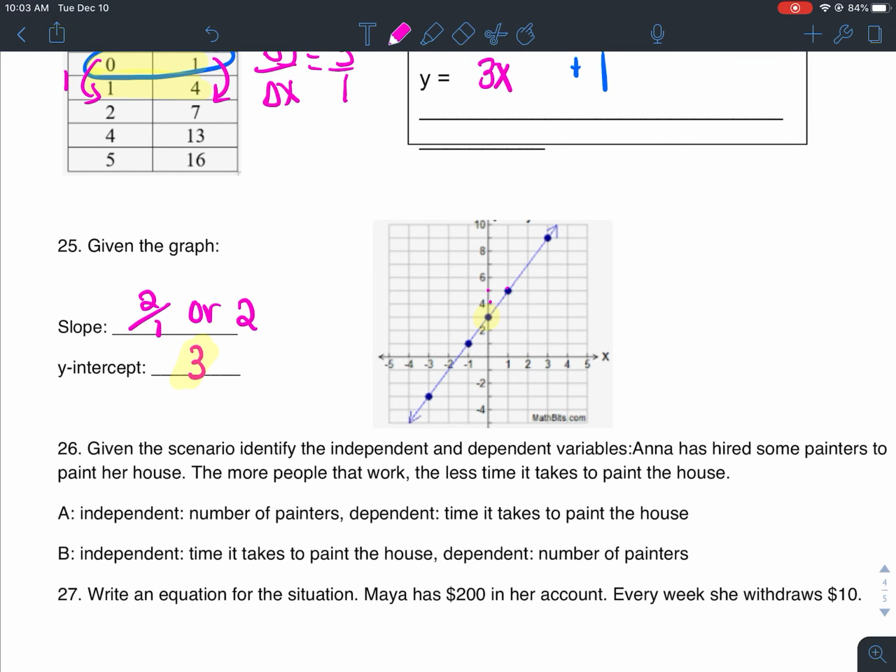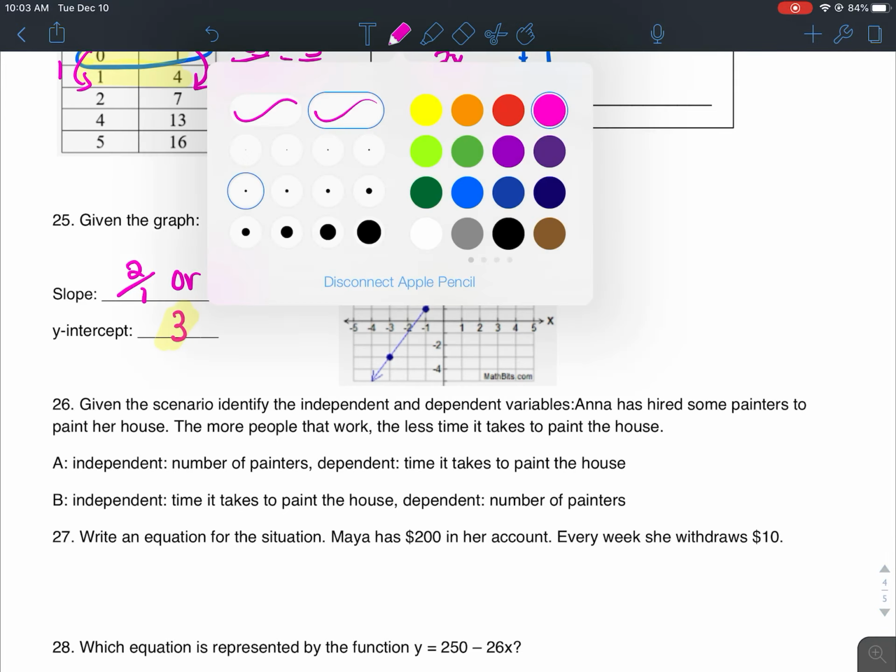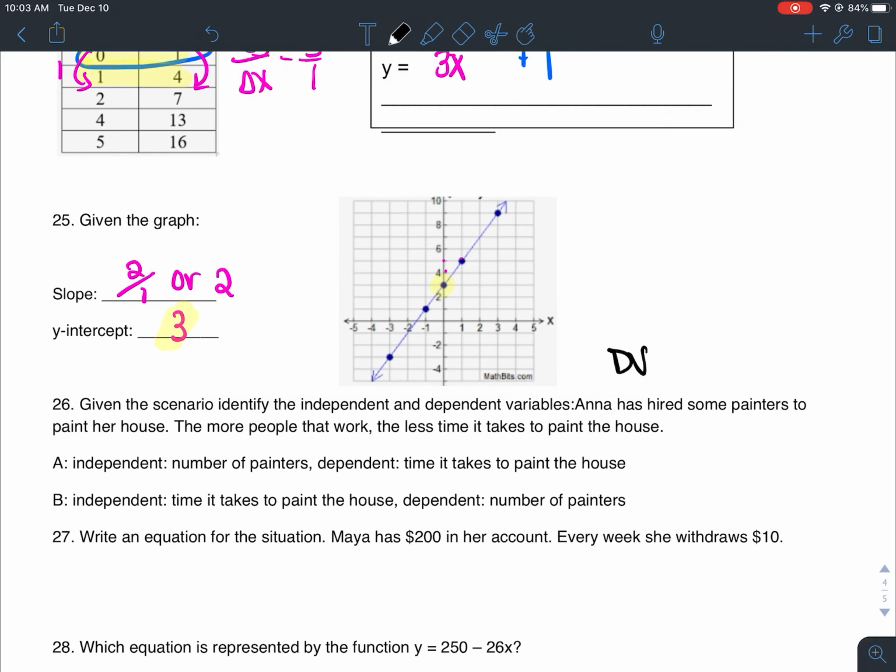There you go. Okay, given this scenario of independent and dependent variables, Anna has hired some painters to paint her house. The more people that work, the less time it takes. So remember for number 26, your dependent variable depends on the independent variable. So you have to think. The two things that are changing are people and time it takes to paint the house.